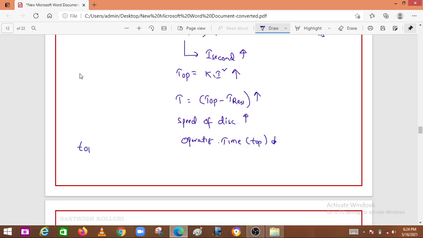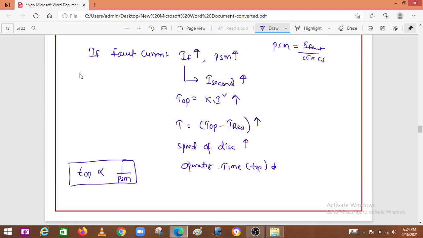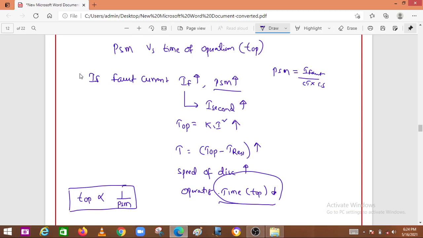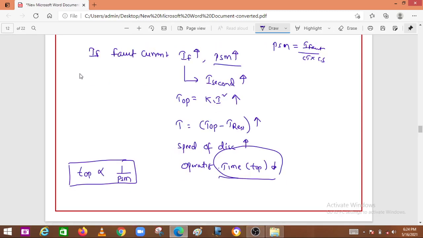So T OP is inversely proportional to the plug setting multiplier. That's the conclusion from this concept. So as the fault current is increased, plug setting multiplier is increased, and operating time will be reduced. So this is the relation between the operating time versus plug setting multiplier. These have an inverse relation.